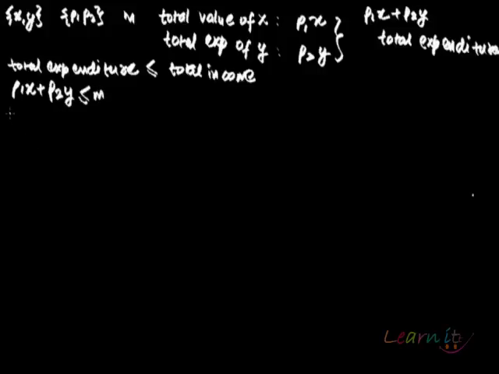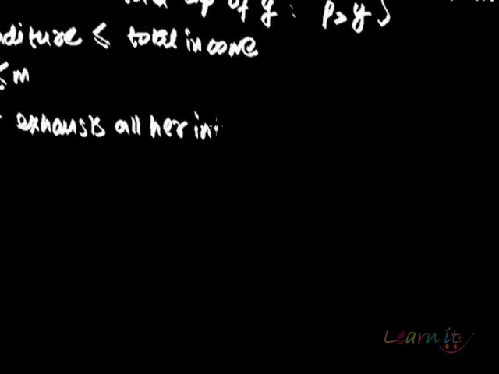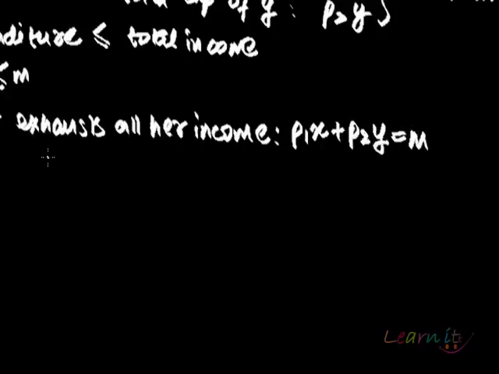Now, if the consumer exhausts all her income, well, in that case P1X plus P2Y would be equal to M. Now this is nothing but your budget set.